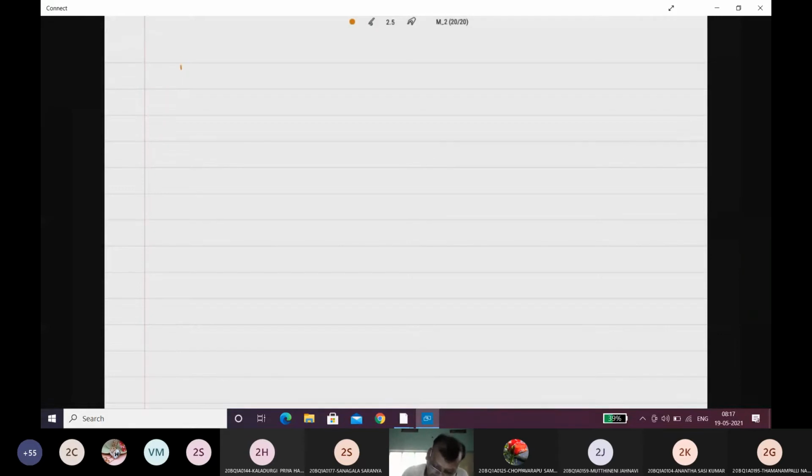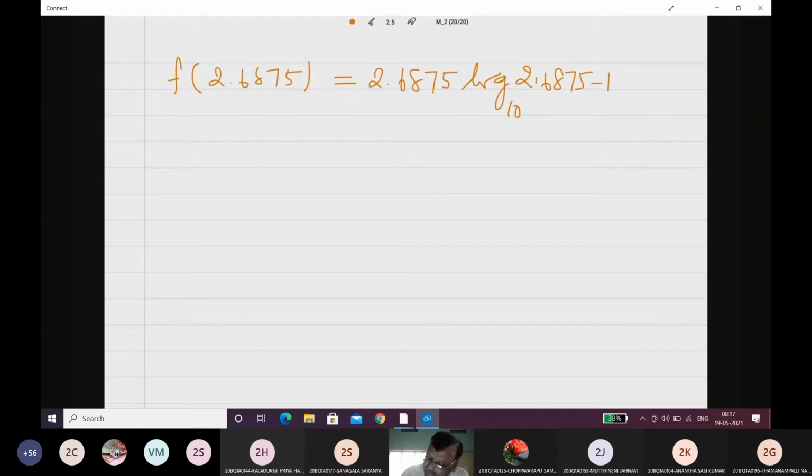Now f of 2.6875 is equal to 2.6875 log base 10 of 2.6875 minus 1.2, which is equal to minus 0.0461, which is negative.